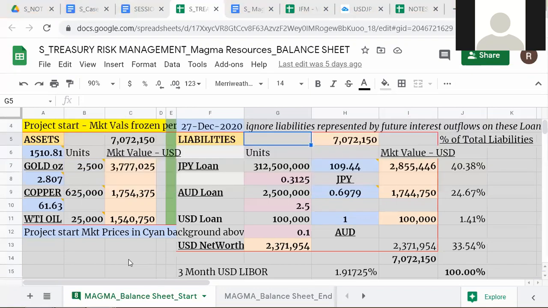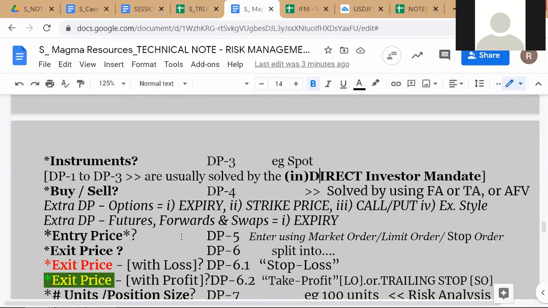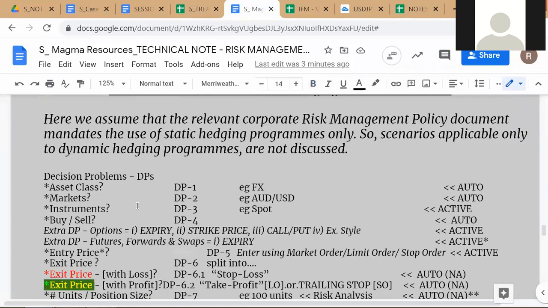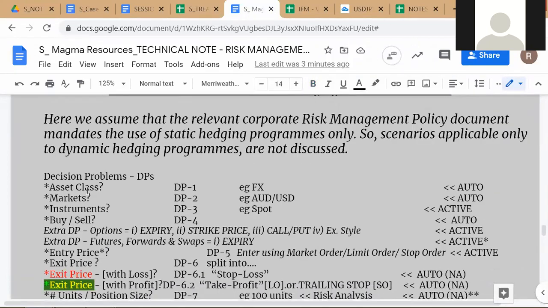Okay. Yes, you're right in the sense that let's look at what is already decided. Let's see what we have now. Okay, so the static hedging problem is basically we are talking about static hedging programs.